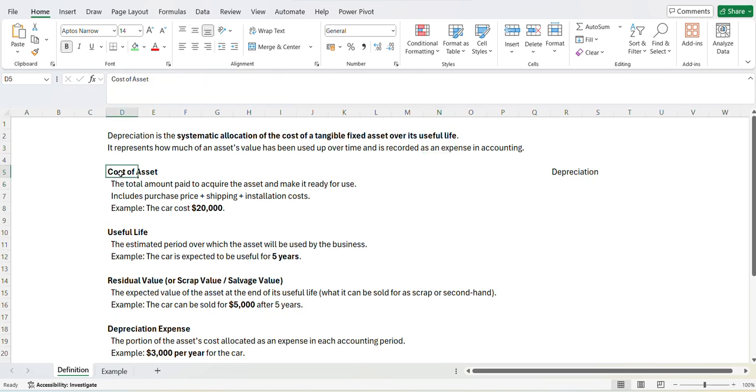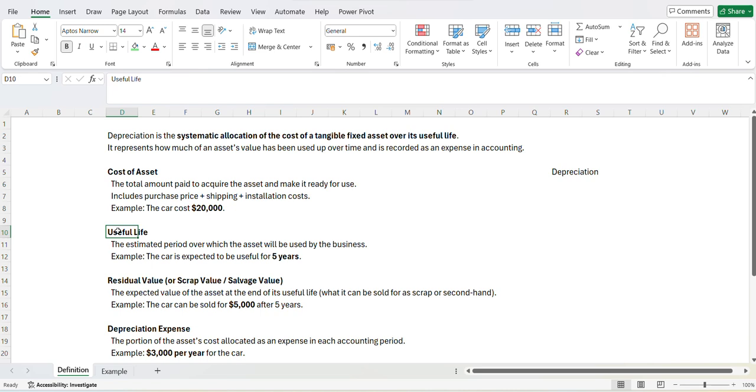One is the cost of an asset. Whatever money you have spent on that asset, that is your cost. It includes the purchase price, shipping and installation costs, and also any other taxes or other costs. Then we have the useful life.